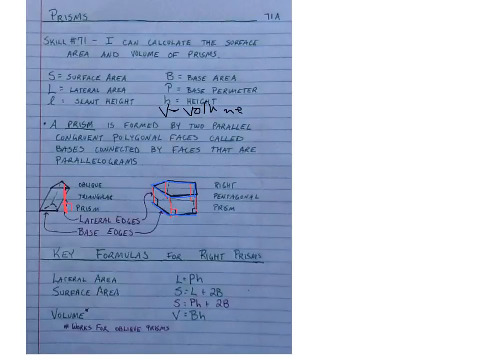This skill will rely solely on us being able to find the lateral area, surface area, and volume of prisms. So I will give you the drawing of a prism or the description of a prism and some key facts about the prism. We'll take a look at 2 examples on the next page.